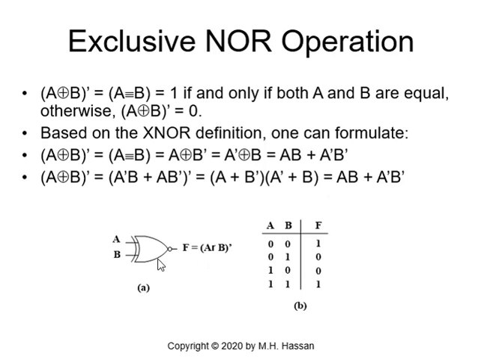The symbol is similar to the exclusive OR, adding a small circle to signify complement. Again, there's a typo here. This is A plus surrounded by a circle B between parentheses, and we have the prime negation symbol.